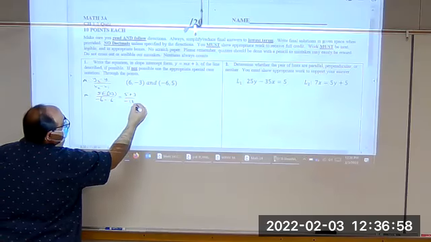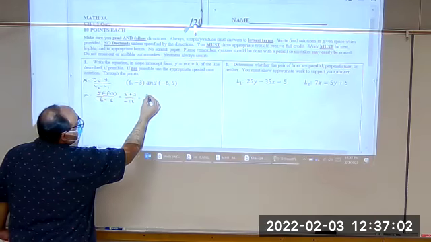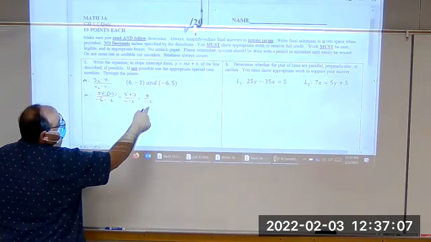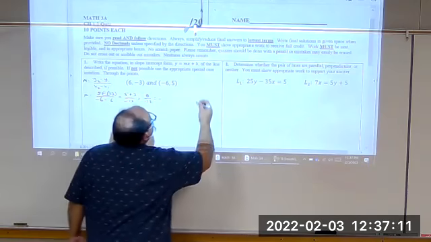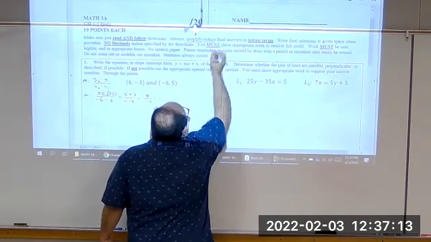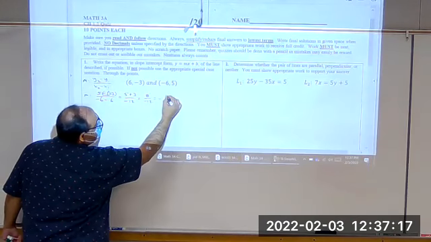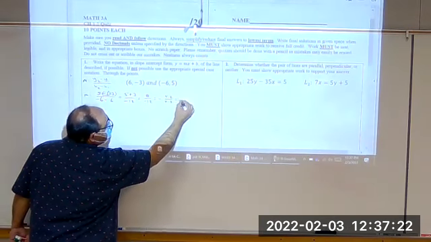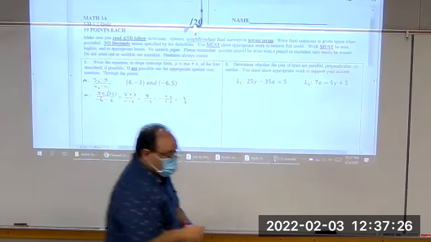That's -12. That gives us positive 8 over -12. A positive over a negative is going to be a negative. Simplify. That's 4 times 2 over 4 times 3. The slope is -2/3.